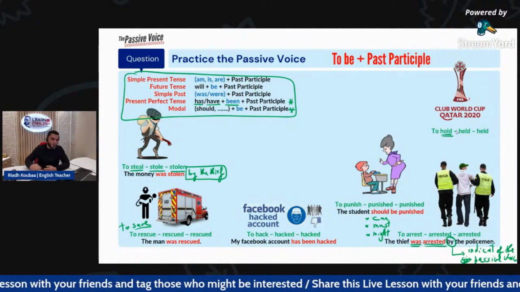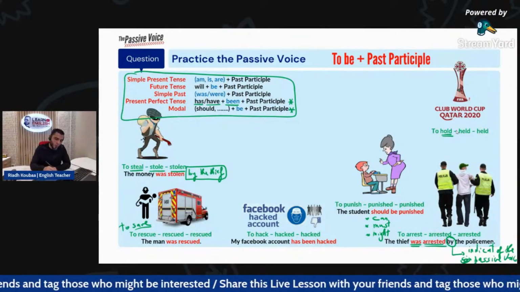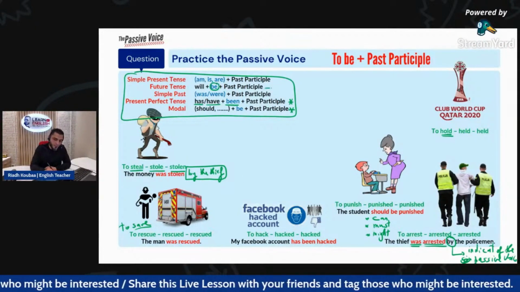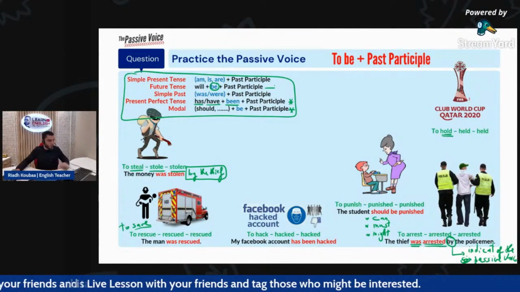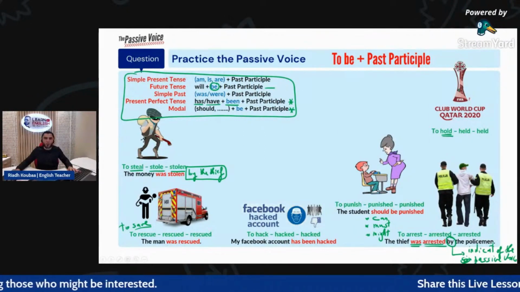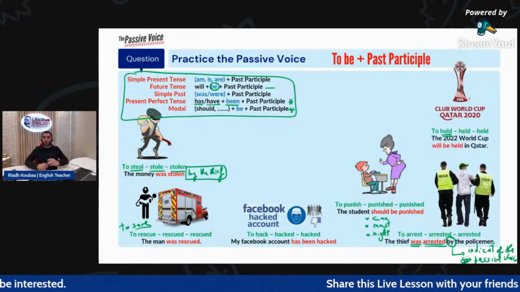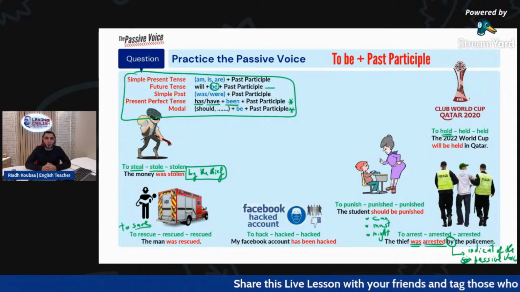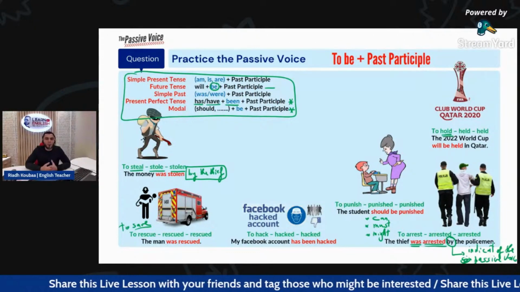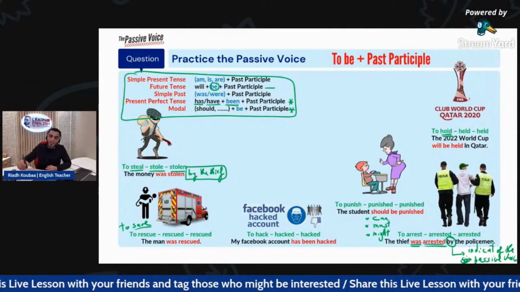So again, the rule of the future here is will be plus past participle. And I hope that you will say the 2022 World Cup, which is next year, will be held, will be organized in Qatar.